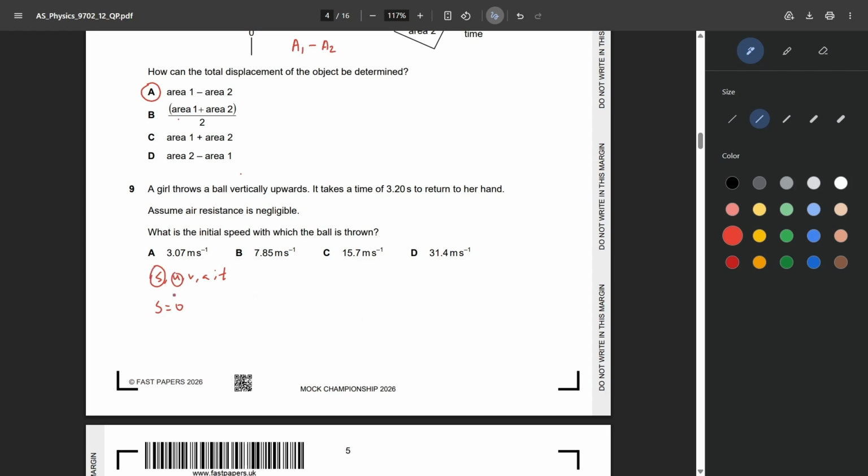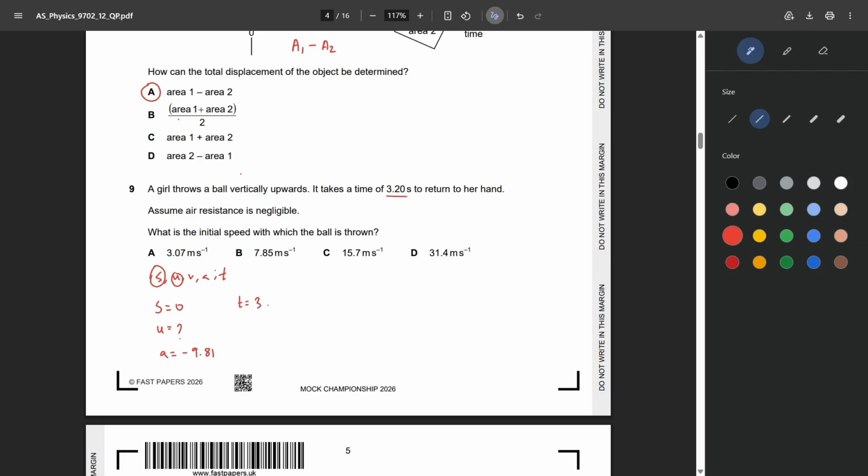The initial velocity is what we have to find. U is the variable that we want to determine. And since it's moving vertically, acceleration will always be minus 9.81, gravitational acceleration. And we are also given a time of 3.20 seconds.